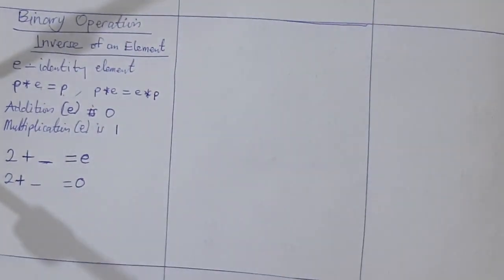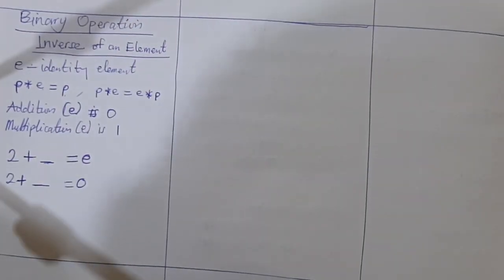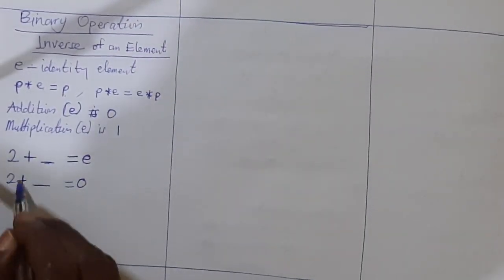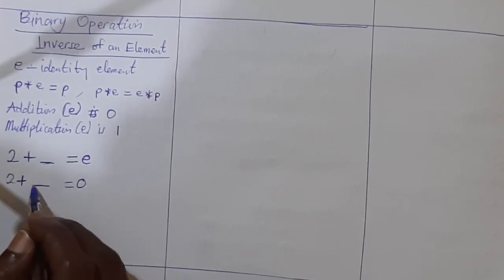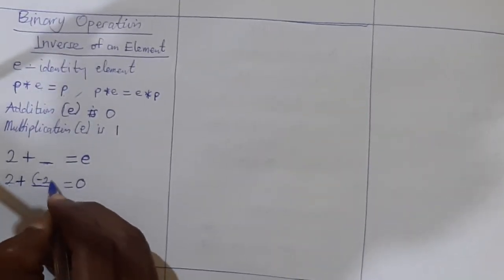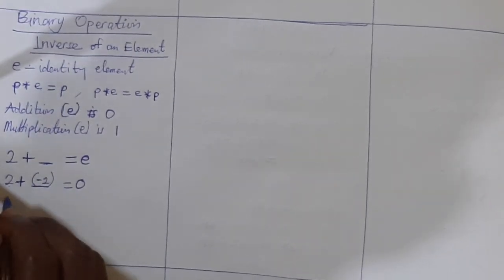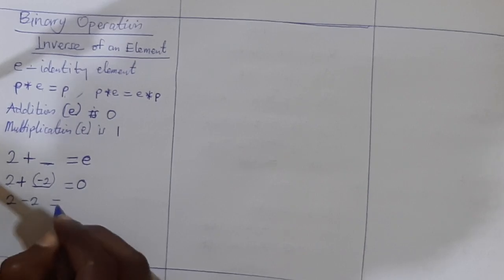What number or what value is that? How can I get 0? What real number will I add to 2 to give me 0? If we are thinking right, then we are talking about negative 2, which then becomes 2 minus 2 equals 0.